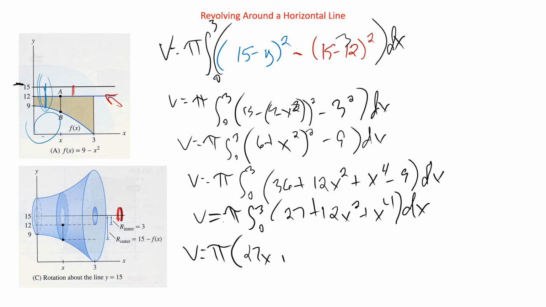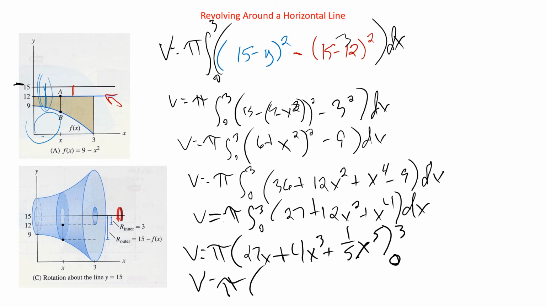So plus 4x cubed, and then plus 1/5 x to the 5th from 0 to 3.